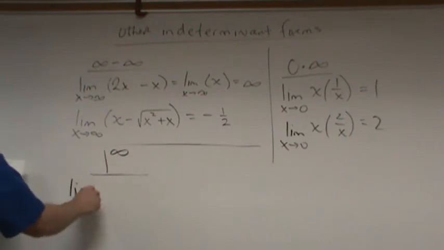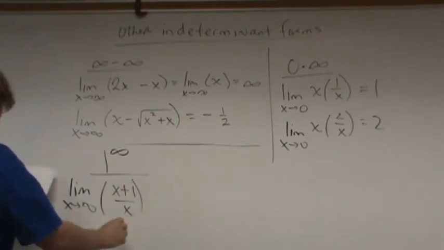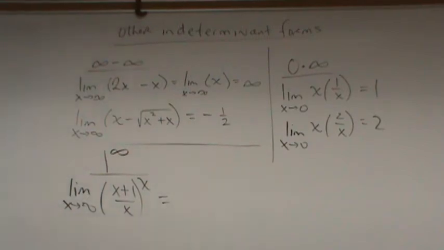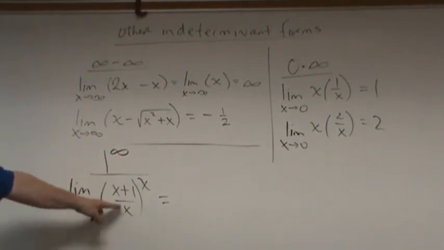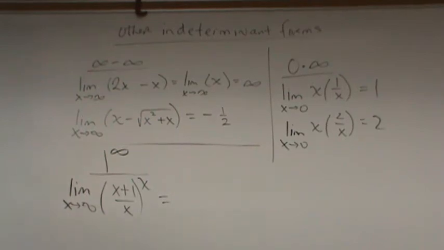Here, let me give you one. The limit as x approaches infinity of (x plus 1 over x) to the x power. What's the limit of x plus 1 over x as x goes to infinity? 1, right?